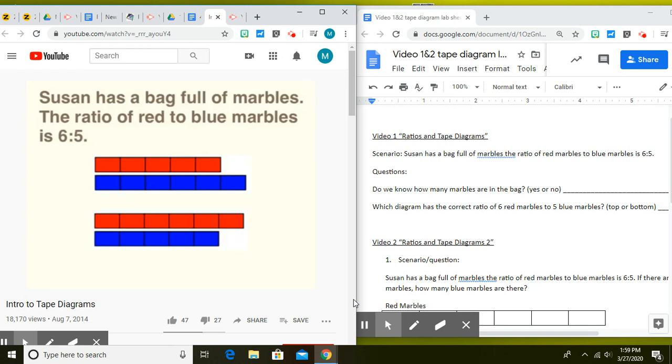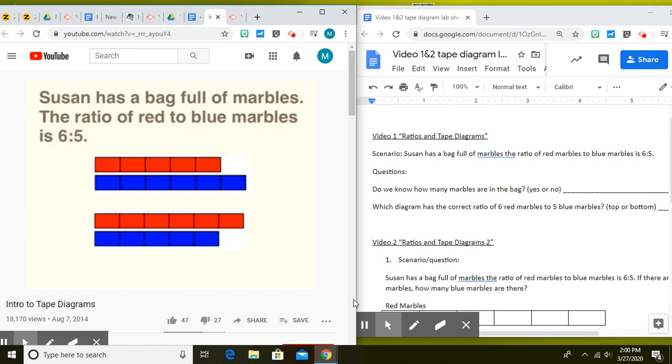Well, in this tape diagram here, we've got 1, 2, 3, 4, 5 red, and 1, 2, 3, 4, 5, 6 blue. Is that correct? It's not, because what the statement says is that red to blue is 6 to 5. So this is the correct one down here, because we have 1, 2, 3, 4, 5, 6 red, 1, 2, 3, 4, 5 blue.